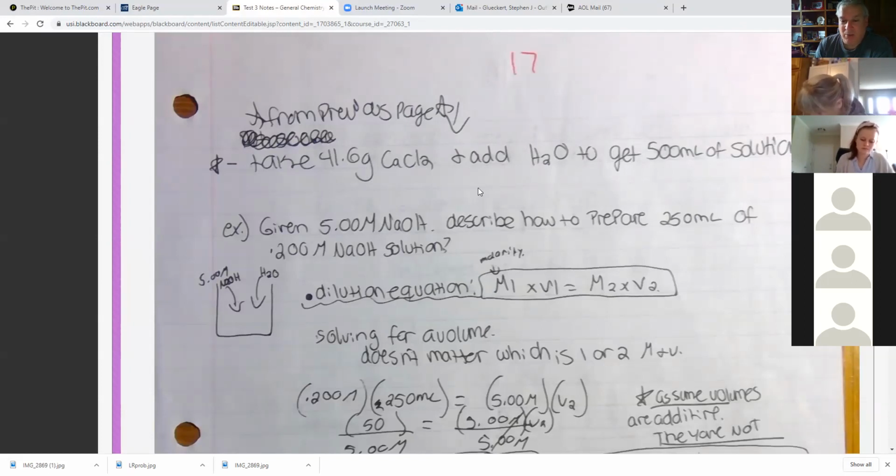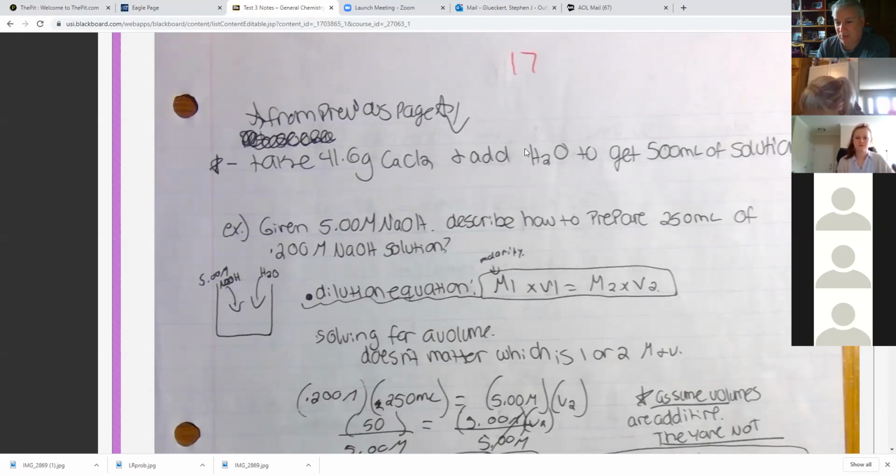What's another way we want to be able to make a solution? For those of you who did the titration lab, you've already seen this. We talked about this the other day, for those of you who have lab on Wednesday, this dilution equation. The other possibility is what?